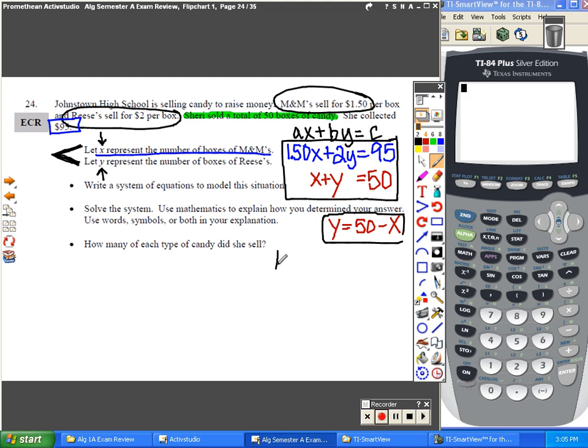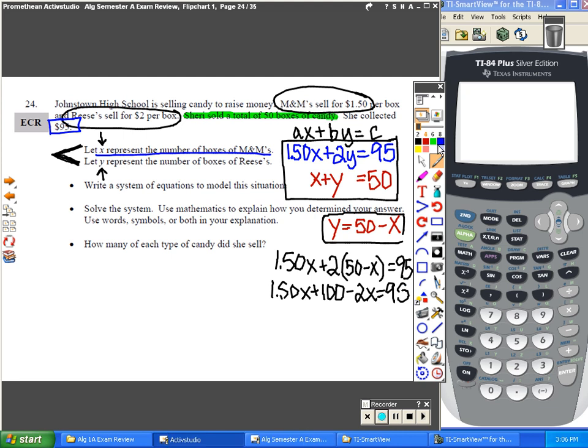So you have $1.50x plus 2y, but in this case I'm replacing or substituting y for 50 subtract x, and that's equal to $95. You have a little bit of distribution to do. $1.50x plus 100 minus 2x is equal to 95.